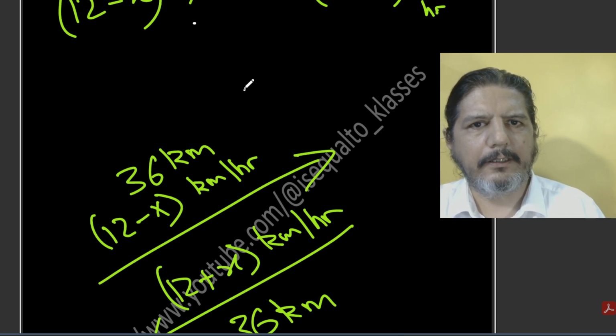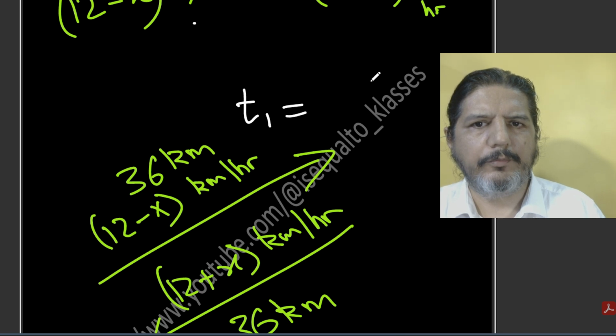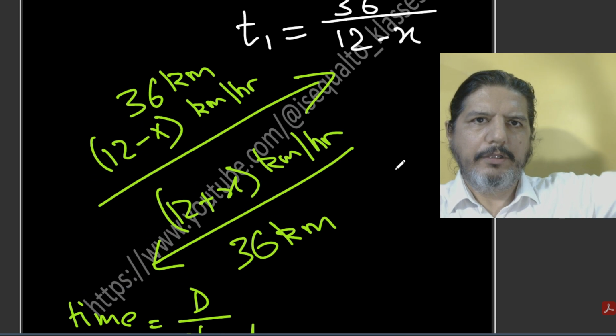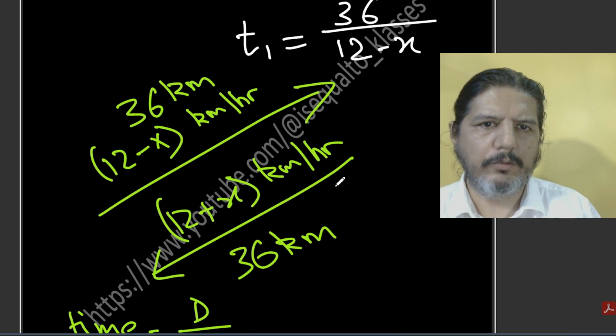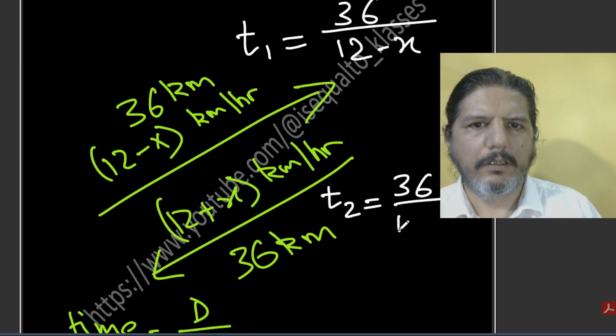So the time taken upstream, let me call this t1, would be 36 upon 12 minus x. And when he is now flowing with the stream, this t2 would be equal to 36 upon 12 plus x.